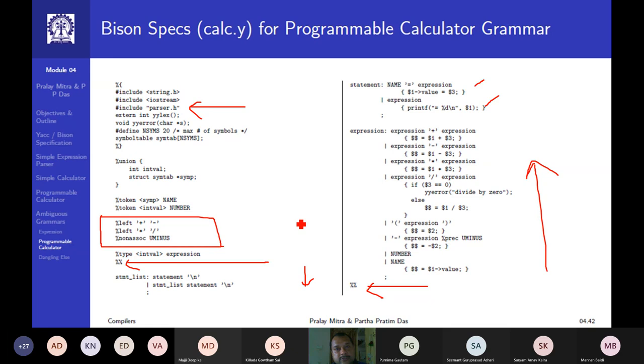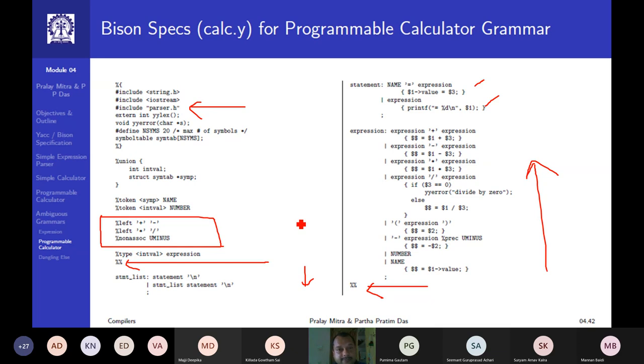That way I solved my associativity problem. Although the grammar is ambiguous in nature, I am telling Bison that if it is addition, subtraction, multiplication, or division, then it will be left associative, and if it is unary minus, then it will be non-associative.